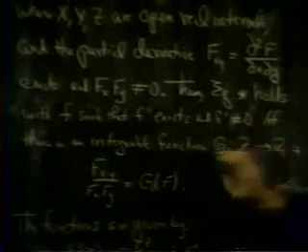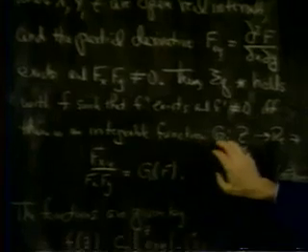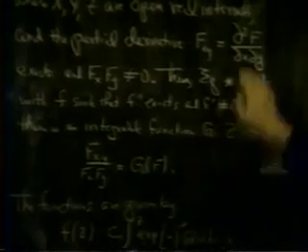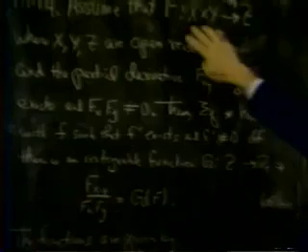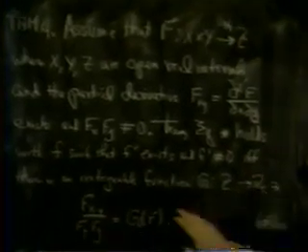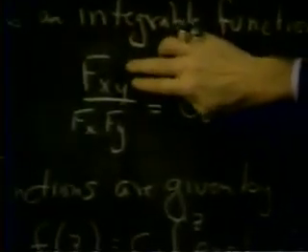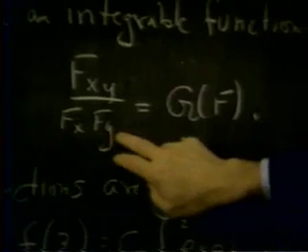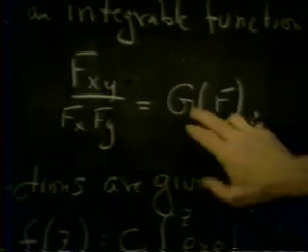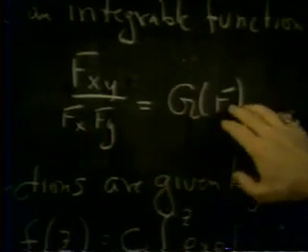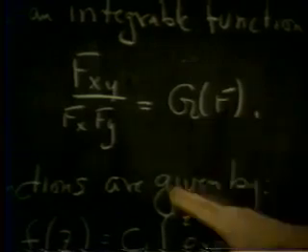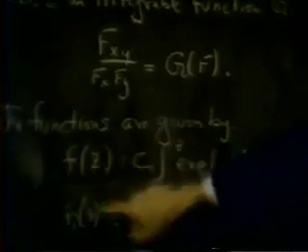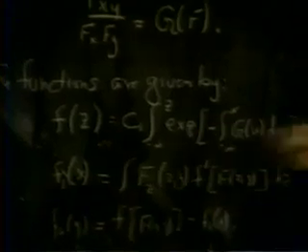That holds if and only if there's an integrable function g that maps the interval Z, on which the image of F lies, into the reals, such that the second partial of F divided by the product of the two first partials is a function only of F itself. And if that's the case, then the functions little f and f1 and f2 are given by explicit formulas in terms of g.